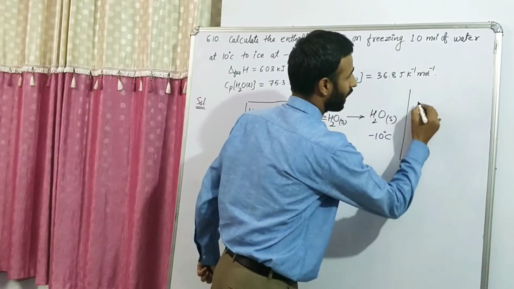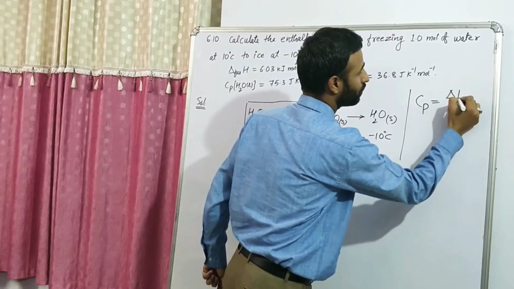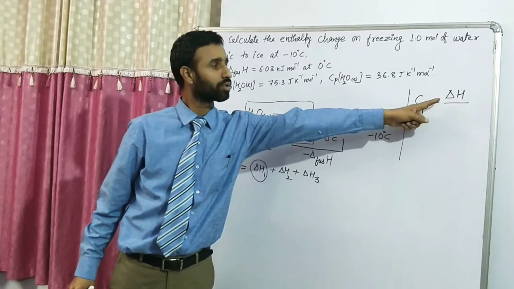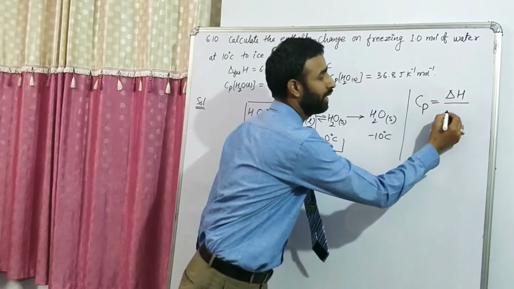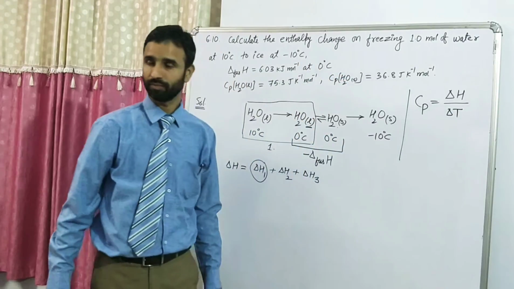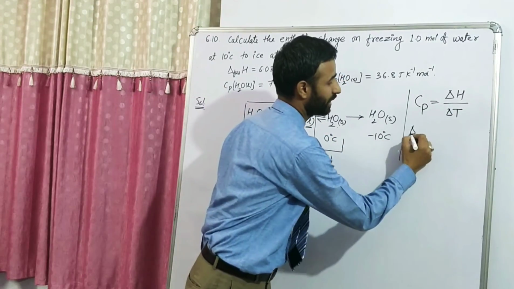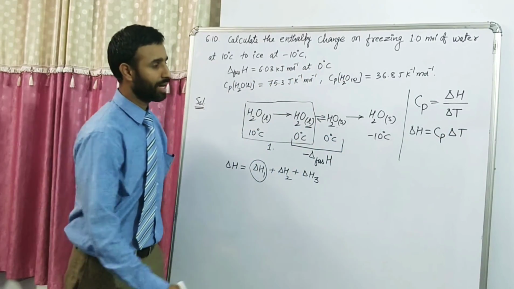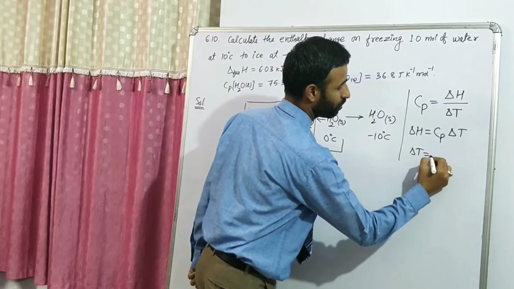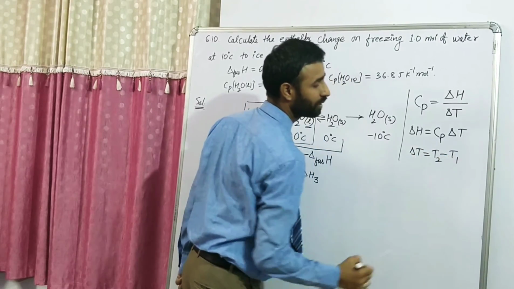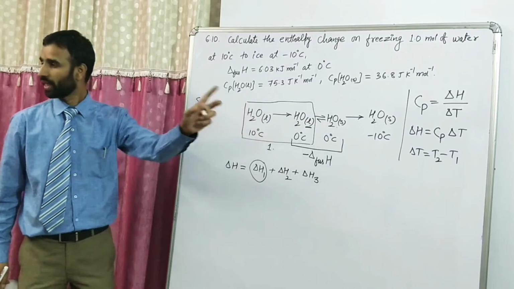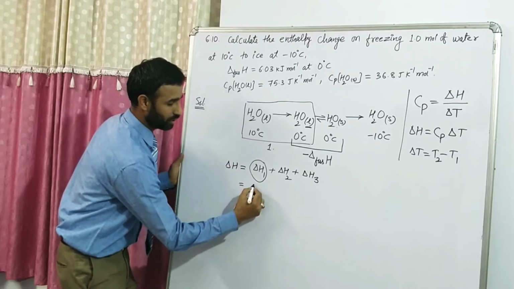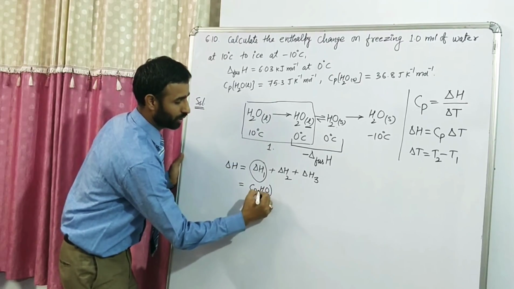So as a whole, Cp is equal to heat absorbed or evolved at constant pressure, that is delta H, divided by change in temperature. That implies delta H is Cp into delta T, and delta T is final temperature minus initial temperature, T2 minus T1.